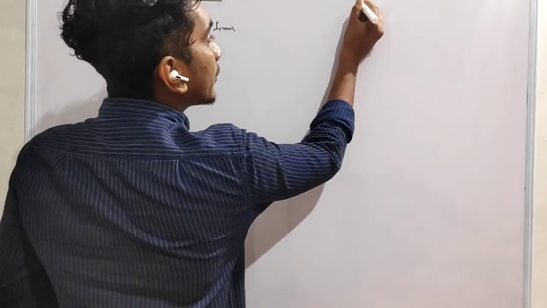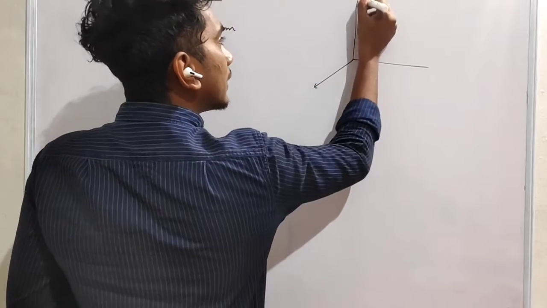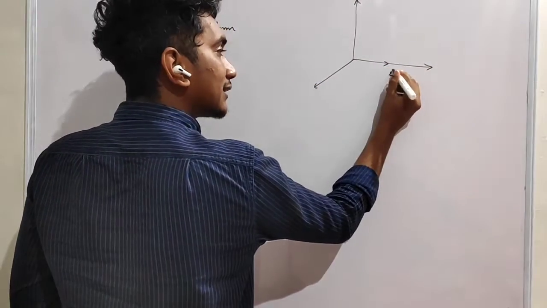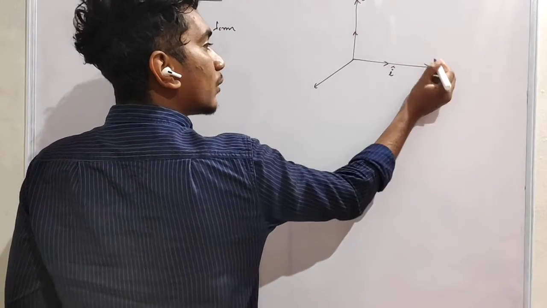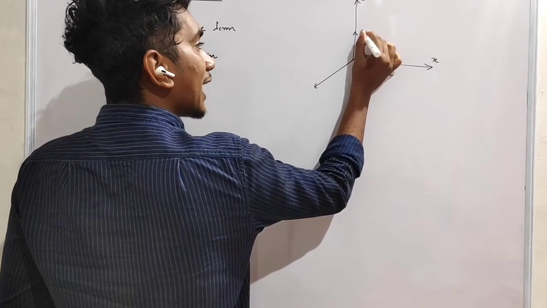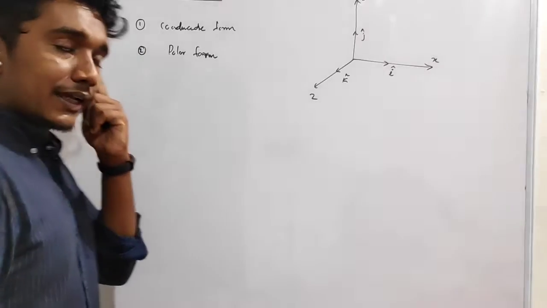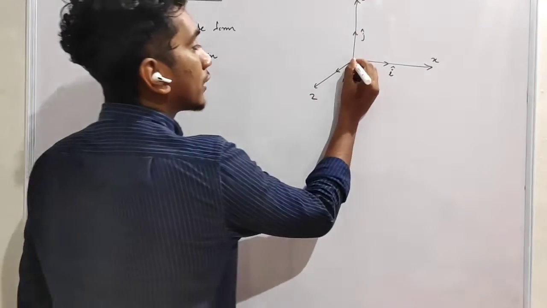So for a three-dimensional vector, you will study this in detail in mathematics. In a three-dimensional vector, you know that the unit vector along x-axis is i cap, along y-axis this is j cap, and along z-axis it is k cap. And this is the origin.